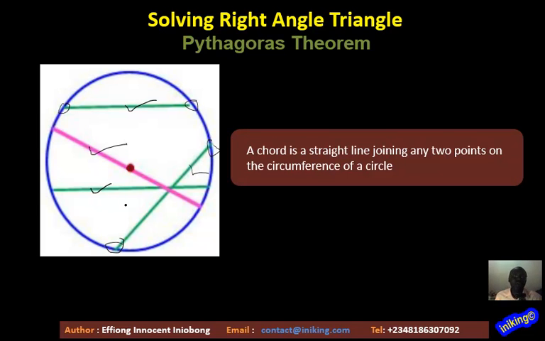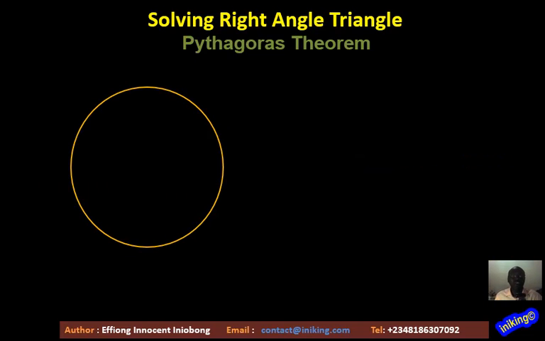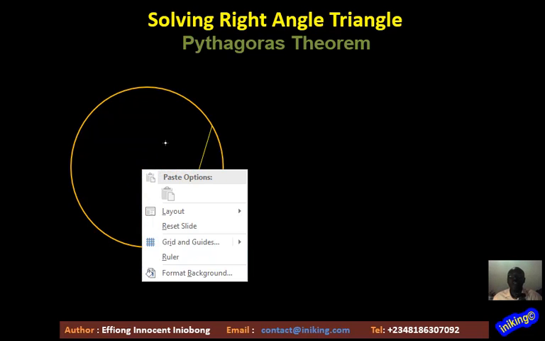Now let's look at how we can arrive at having a right angle triangle. Here is a circle. I'll take a chord in this circle. We are going to consider the center of the circle to be somewhere there.